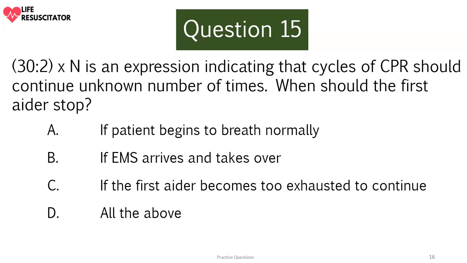When should the first aider stop performing CPR? A. If patient begins to breathe normally. B. If EMS arrives and takes over. C. If the first aider becomes too exhausted to continue. D. All the above.